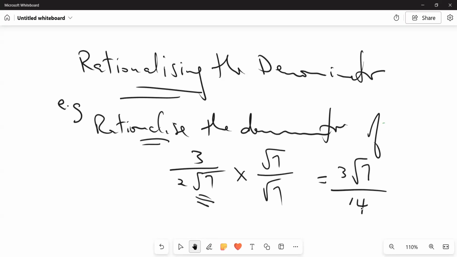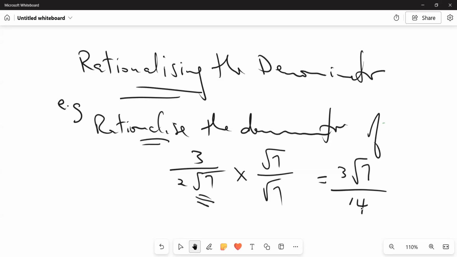And there you have it, right? You got 3 root 7 over 14, which is the same as 3 over 2 root 7, right? Same girl, but she just arranged her hair and makeup and whatever else differently.